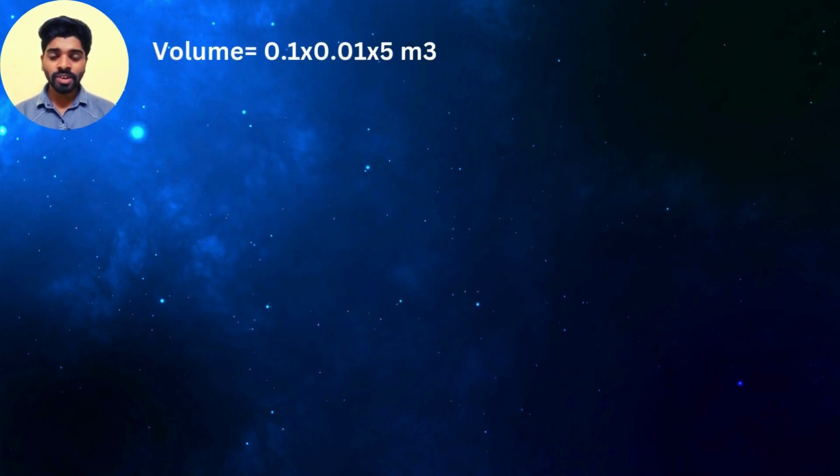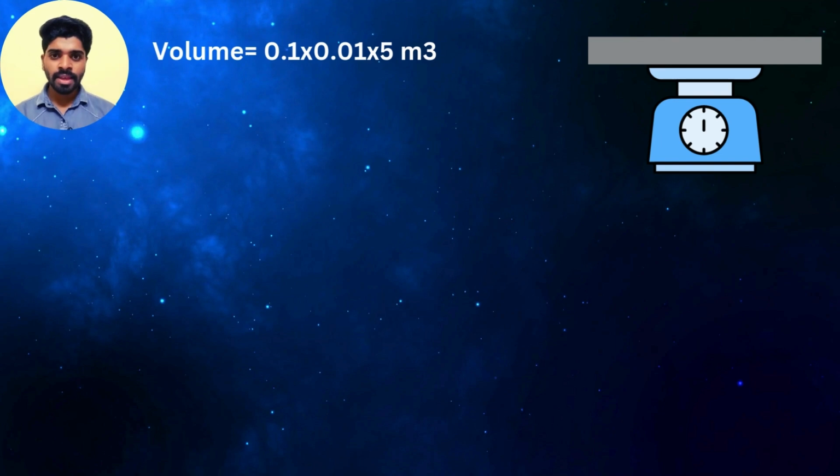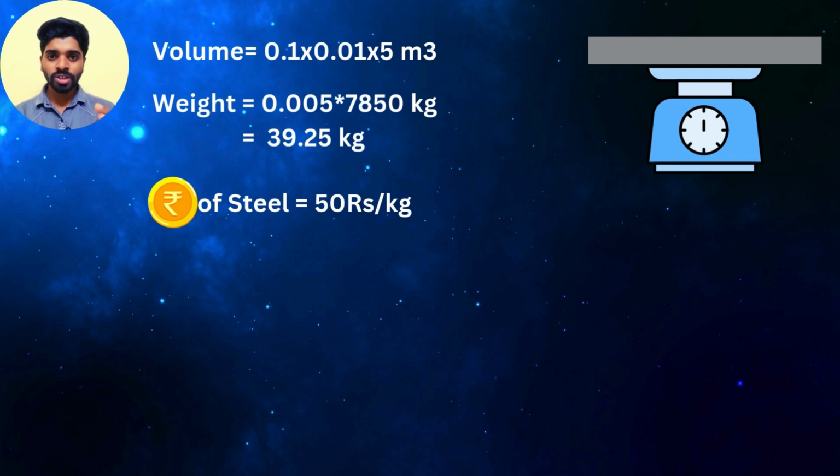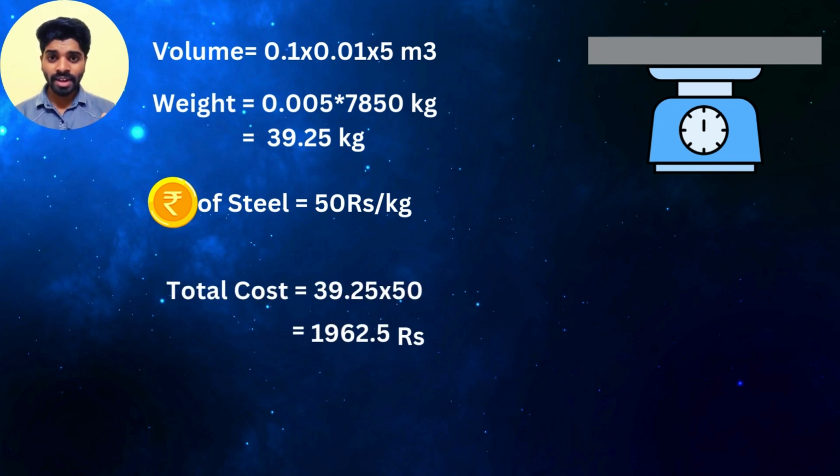So let us check the total weight of the section. Its total weight is coming around 39.25 kg. And if we check the total cost as per the market, let us take 50 rupees per kg, then the total cost of this steel plate will come around 1962.5 rupees.